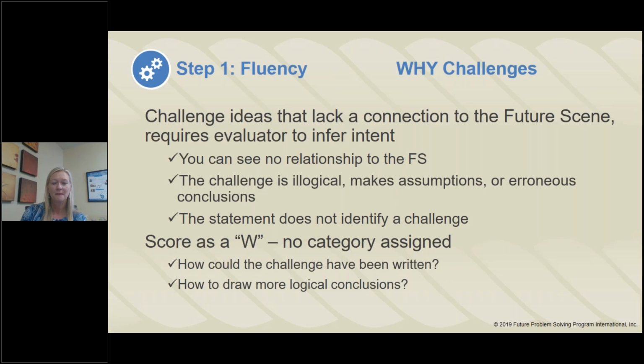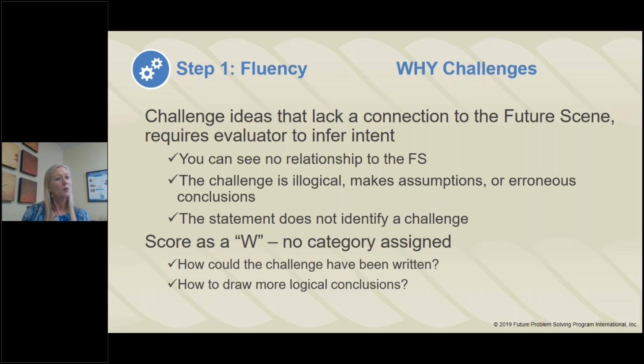The W stands for why is this connected, or maybe the challenge itself isn't identified. Maybe the students just say, for example, if we're looking at the topic of de-extinction from the international conference, animals are being extinct.